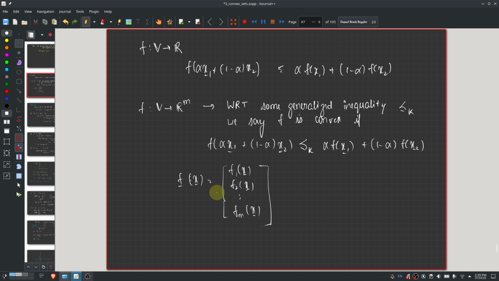So there are many such scenarios. This is one example with respect to one generalized inequality. But the point that I'm trying to make here is that many of these results, many of these techniques can be generalized a lot. In many cases we'll be restricting ourselves to certain examples, but these tools are extremely powerful.